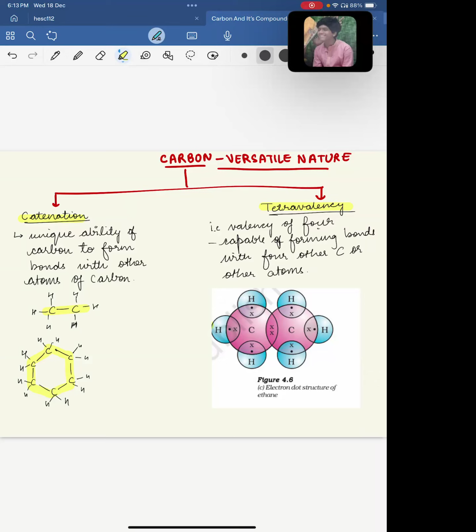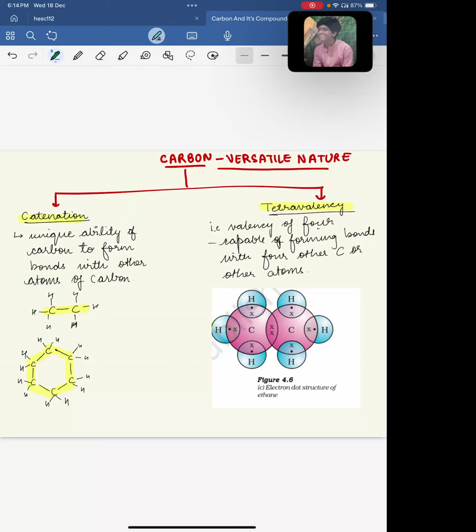But is it as reactive as carbon? No, ma'am. It only forms 4 to 5 bonds. Like the S8 you'll study in higher classes. Sorry, that's sulfur. Yes, it also forms up to 8 atoms.